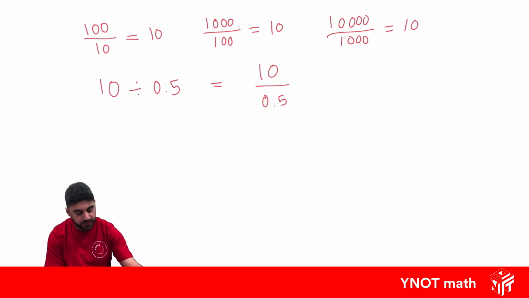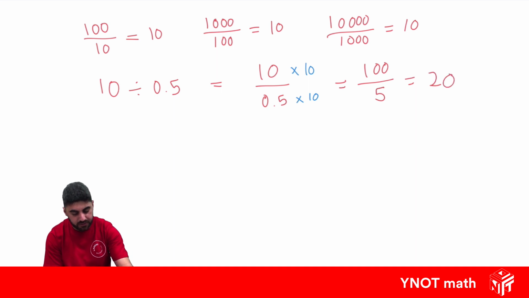We can multiply both of these numbers by 10 and make an equivalent fraction. 10 times 10 is 100. 0.5 times 10 just moves the decimal place one place to the right to give us 5. And then 100 divided by 5 is equal to 20.